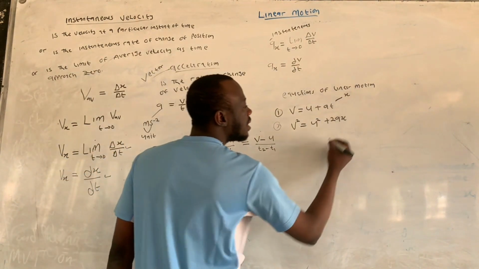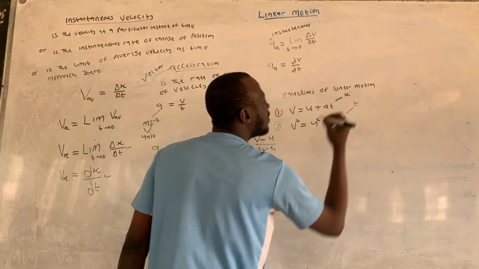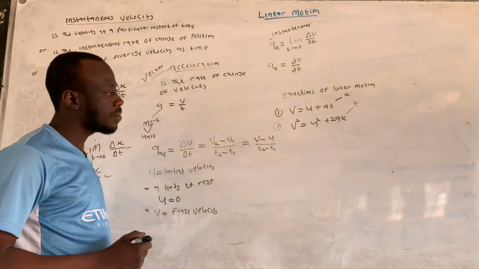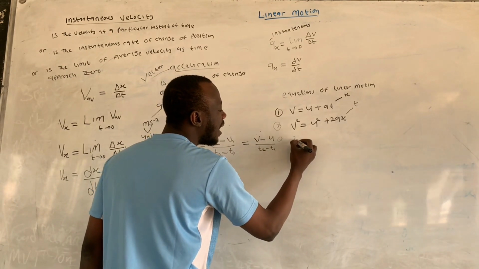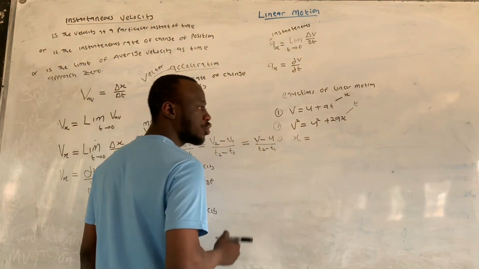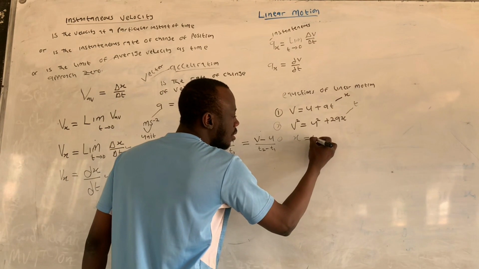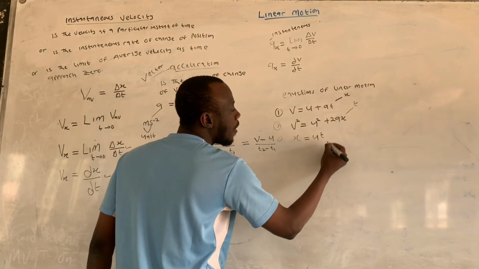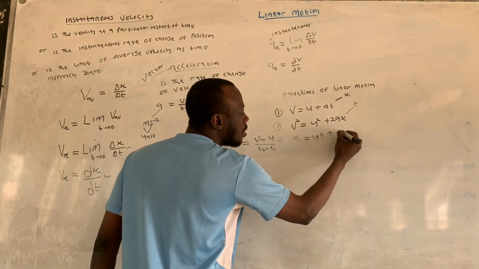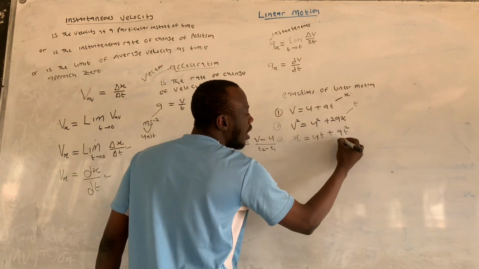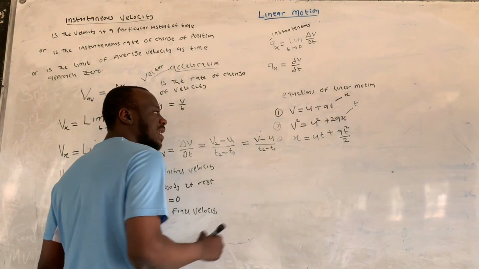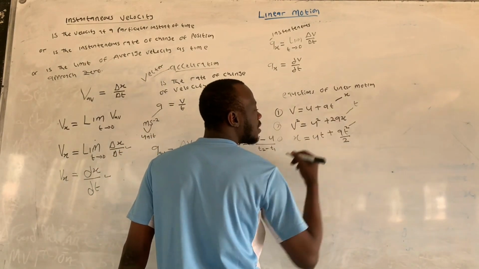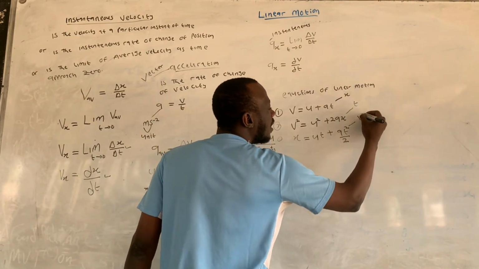Then we have another one: x equals ut plus at squared over 2. In this case, v is missing. For average distance, x equals (v plus u) over 2 times time, where acceleration is missing.